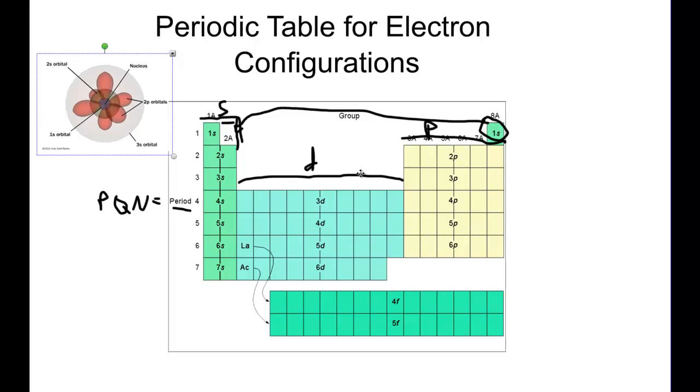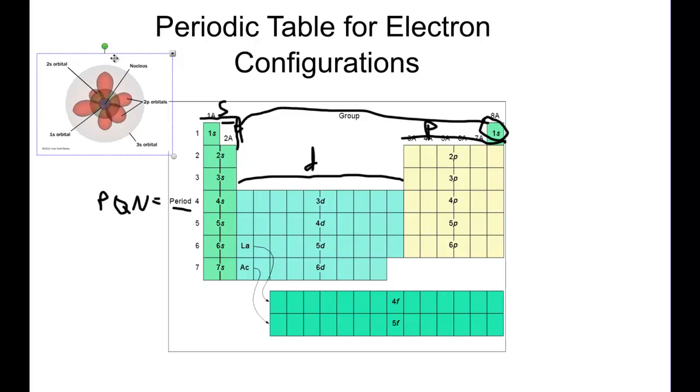Alright, so now let's apply that concept to the p block. How many p orbitals can you have? Well, let's count them. You can have 1, 2, or 3 p orbitals, in the x, y, and z direction, and each of these can hold 2 electrons.